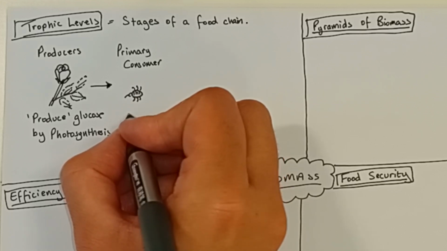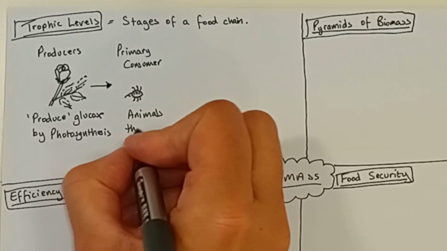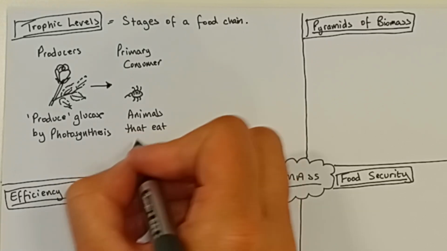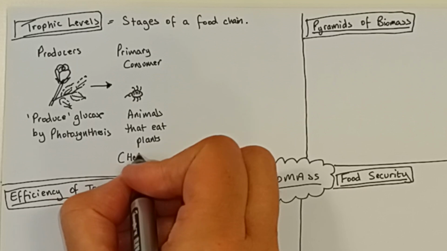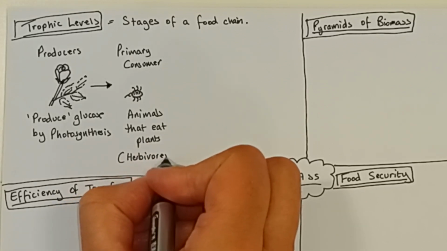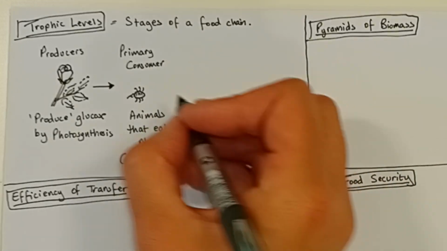So primary consumers are animals that eat plants. We could also call them herbivores. But when we're talking about food chains, we use the term primary consumer.